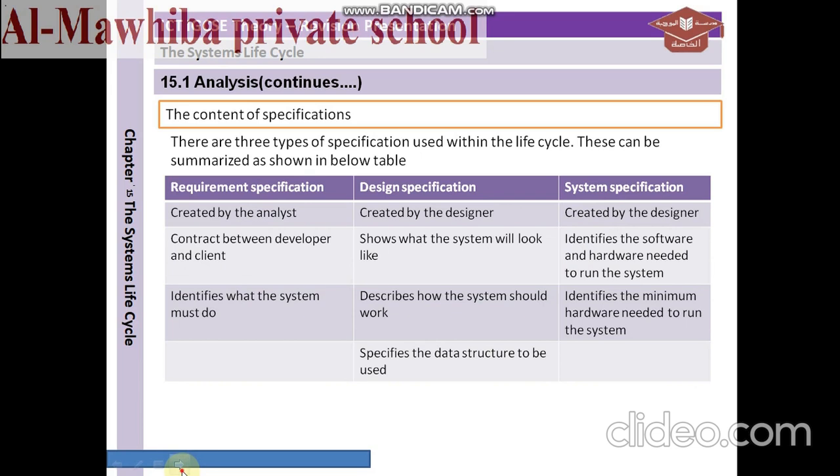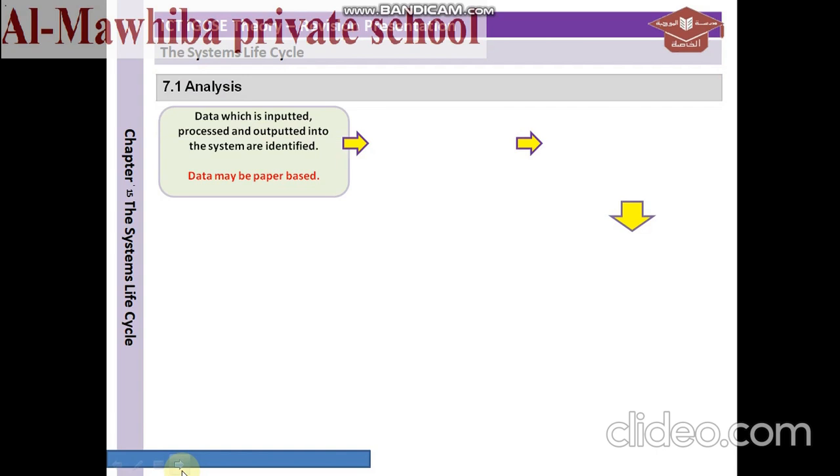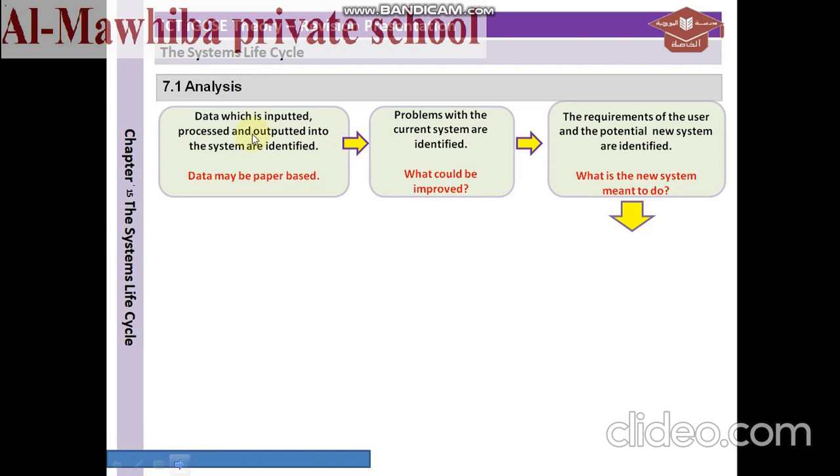Then, in an analysis, it must go through 3 major steps: the data that is input, the process, and the output of the system are identified. That is, what data should be inputted to the system, and how it is processed and output. Okay.